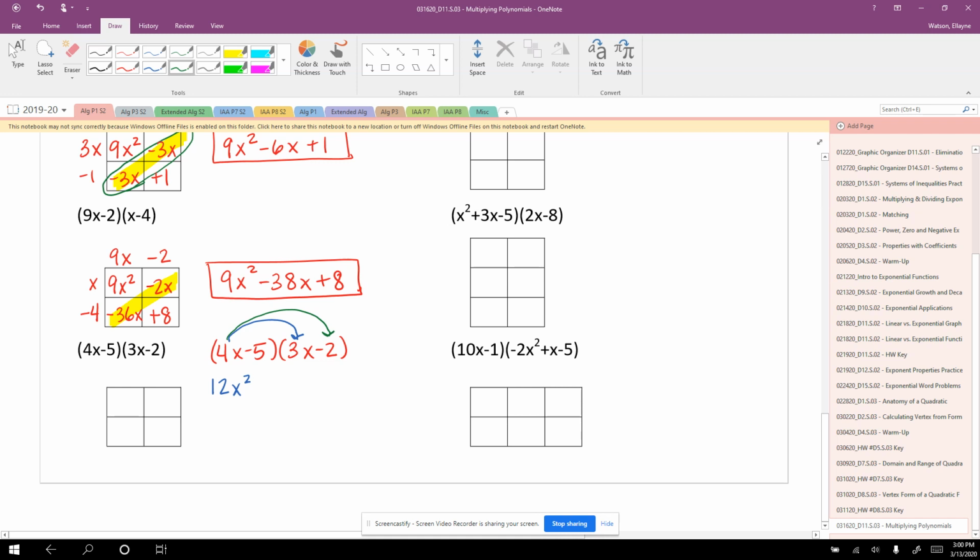Because remember, when you're using the distributive property, you multiply binomials. You need to multiply each term in one binomial, or in one parentheses, by each term in the other parentheses. So here I'm going to get minus 8x. And then I'm going to take the negative 5, and I'm going to distribute it. Negative 5 times 3x is negative 15x.